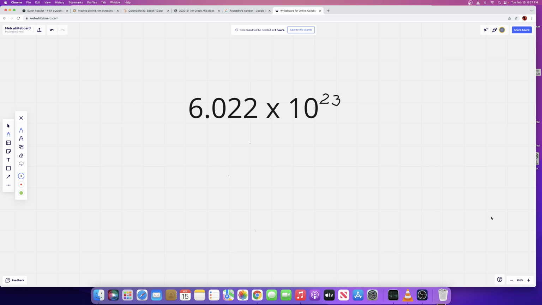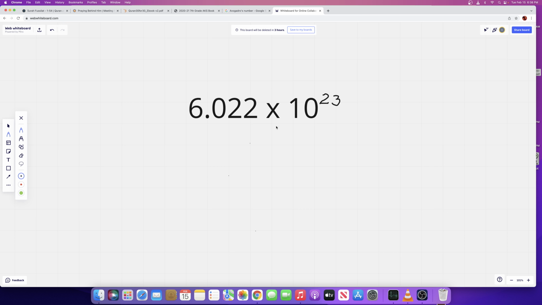While it's convenient to group eggs by the dozen or small parts by the gross, atoms and molecules are so tiny that we group them in much larger numbers. Rather than 12 in a dozen, one mole equals Avogadro's number, which is 6.022 times 10 to the power of 23.